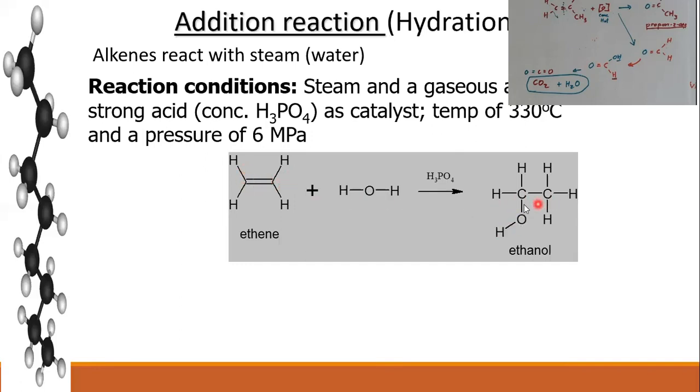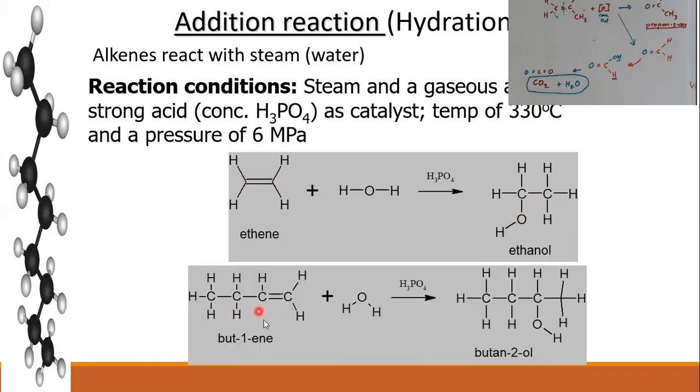Doesn't matter where the OH comes, it's going to be on the first carbon. But when there's more than one option, remember Markovnikov's rule, it's going to go to the secondary carbon for stability. That is Markovnikov's rule. It's going to go to your secondary carbon, major product. If it's on my first carbon, it's my minor product. Question papers can ask both.